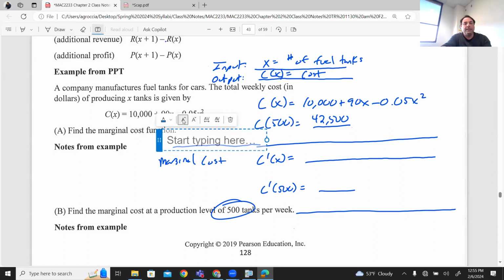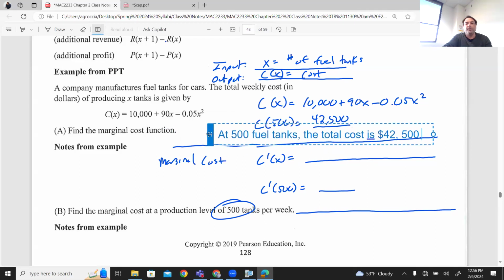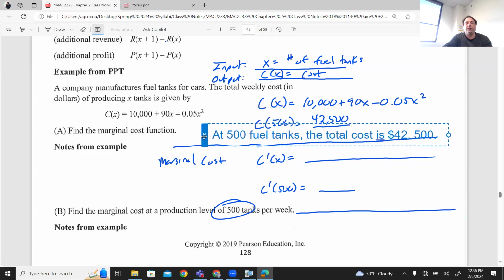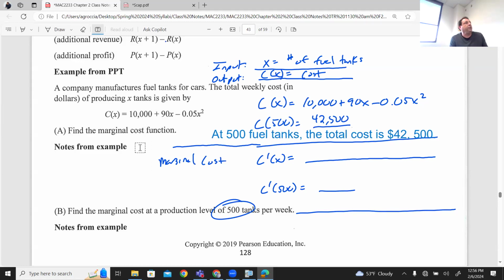At how many? 500 what? At 500 fuel tanks, the total cost is $42,500. Okay, so I now figured out my total cost for 500 fuel tanks. Fantastic. That's important. I need to know how much 500 fuel tanks cost. It will cost me $42,500.